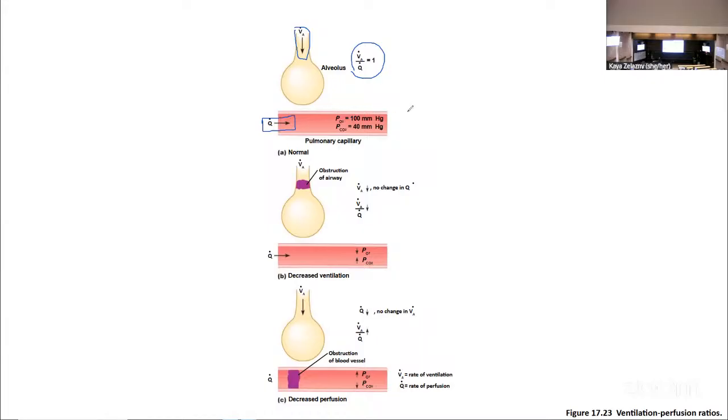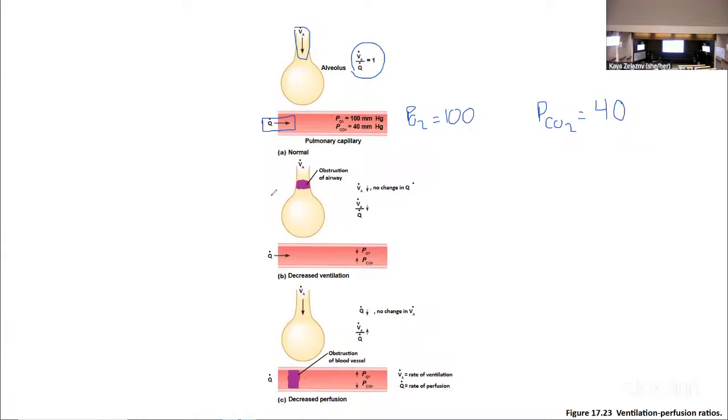Our partial pressure of oxygen is at 100, which is what we expect to see in our arteries after we've oxygenated our blood. And our partial pressure of carbon dioxide is at that lower level we expect after we offload carbon dioxide to our atmosphere. So we're down to 40. We're at 46 as we were coming up to our alveoli. So this is our normal condition.